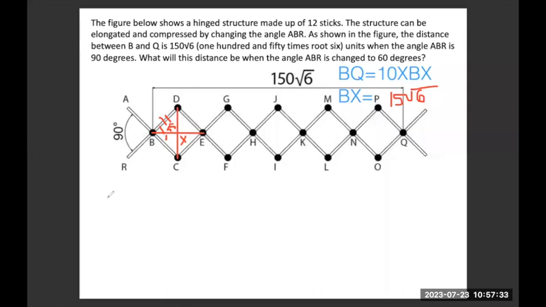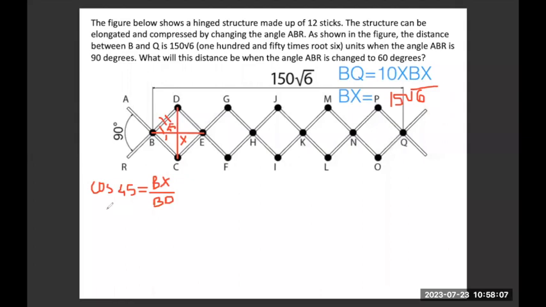Now, in order to find BD, I know that cos of 45 will be equal to BX upon BD. Cos of 45, which is this angle, will be BX upon BD. I hope this is clear.